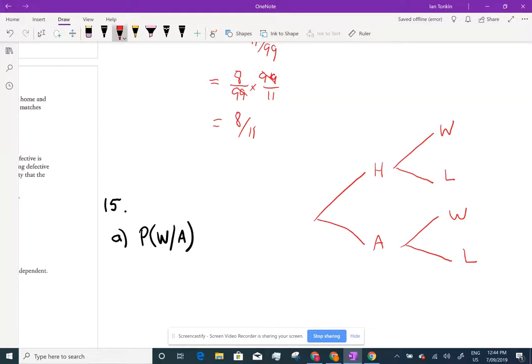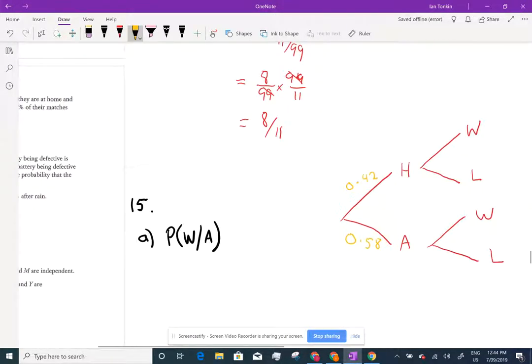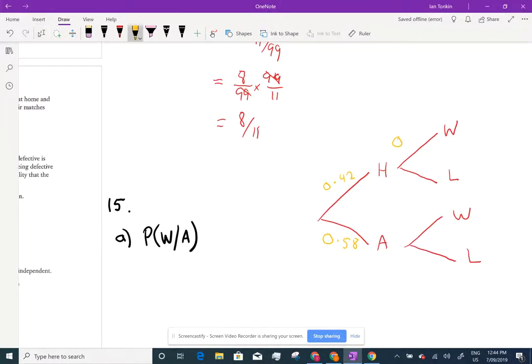Now the chance of them being at home, well, they play 58% away, so this one is 0.58, and this one is therefore 1 minus that, so 0.42. If they're home, the chance that they win is 0.78, I think, isn't it? 0.76. So therefore, the chance that they lose is 1 minus that, which is 0.24.